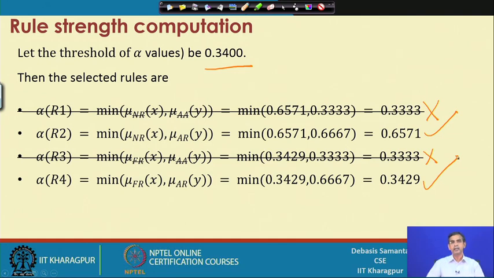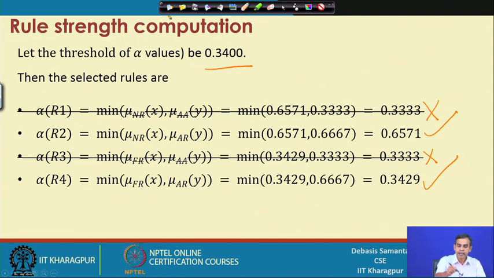So, out of the 20 rules, because of relevancy we have selected 4 rules, and then again by means of rule strength computation we have shortlisted from the list of selected rules 2 rules only. These 2 rules will be used to calculate the fuzzy output.